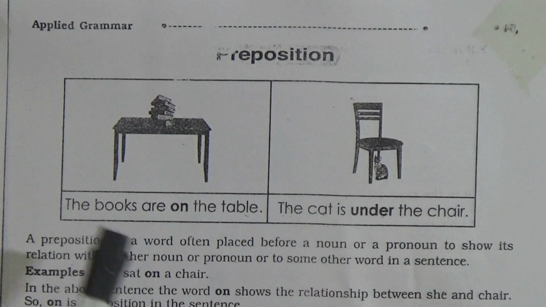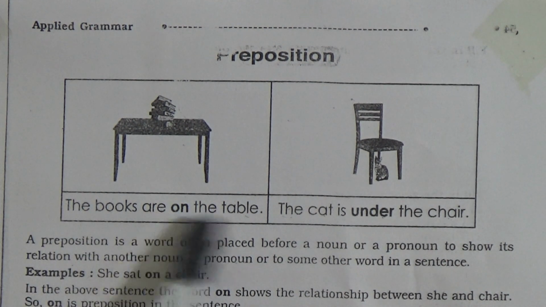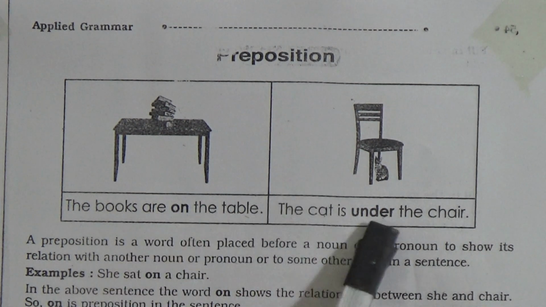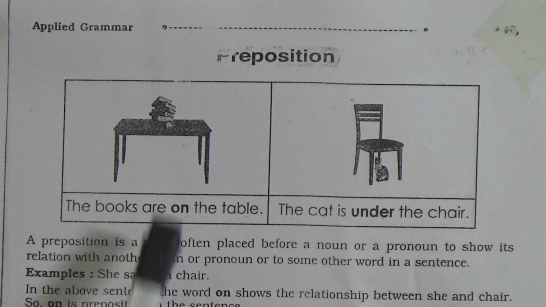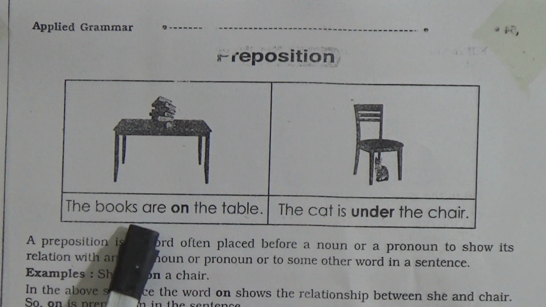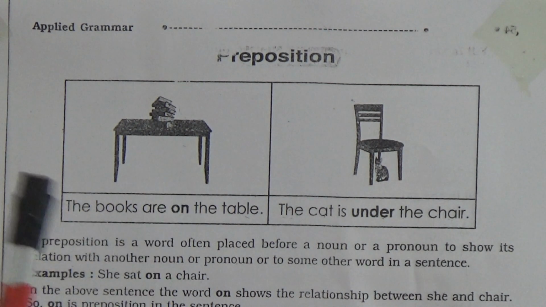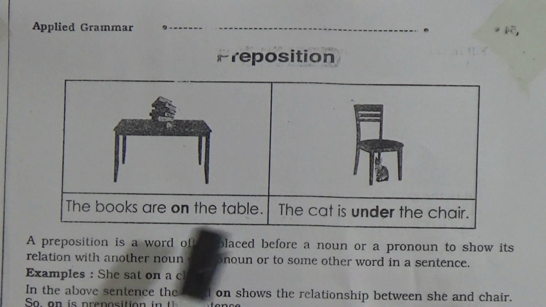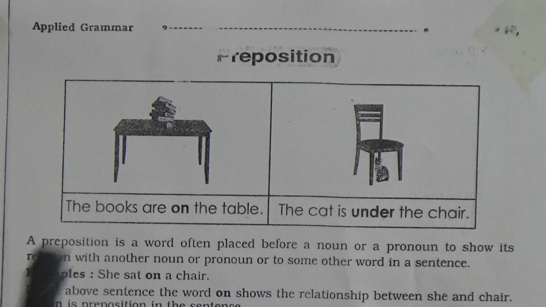Now look dear students, what is preposition? On and under, both of these words are called prepositions. Why? Because a preposition is a word often placed before a noun or a pronoun to show its relation with another noun or pronoun or to some other word in a sentence.